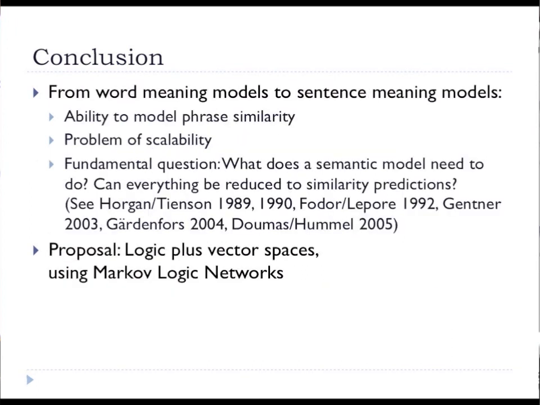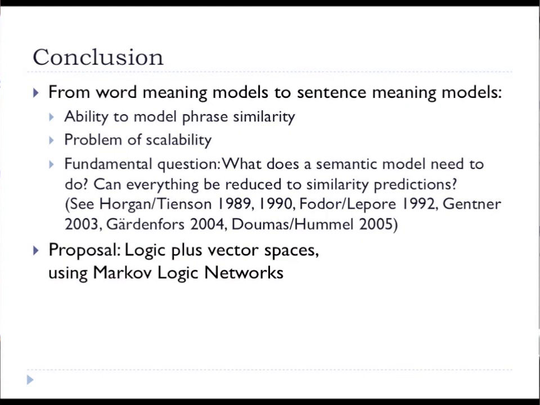Moving from word meaning models to sentence meaning models, we hope to be able to predict phrase similarity, but there are problems like scalability and fundamental questions like, what do we want our semantics model to be able to do?